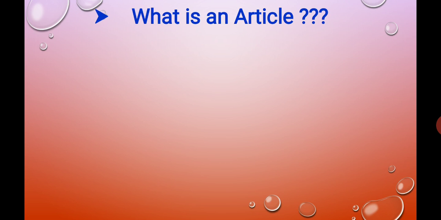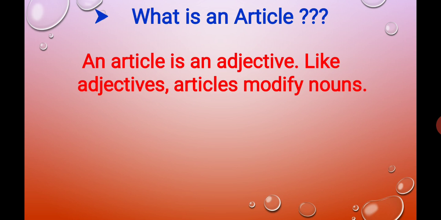What is an article? Do you know what an article is? When you hear this question, you have only 3 words in your mind. And which are they? A, an and the. But what is the actual definition of the article? Let's see. An article is an adjective.